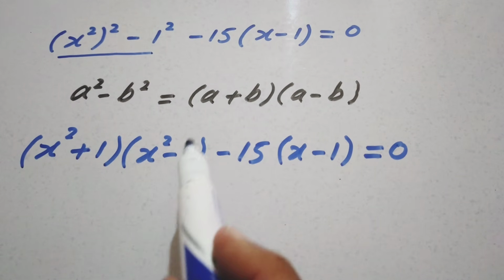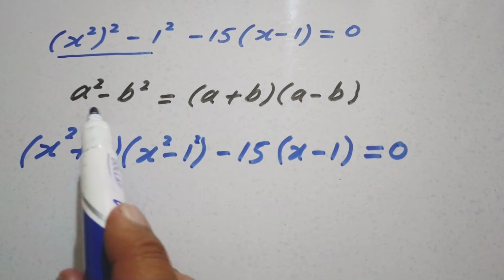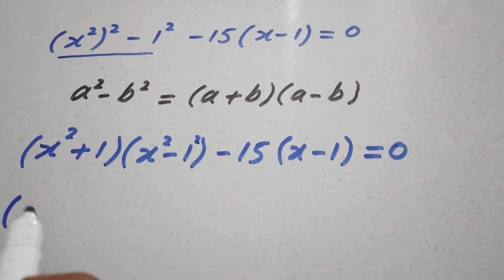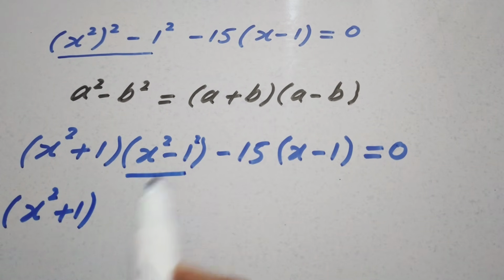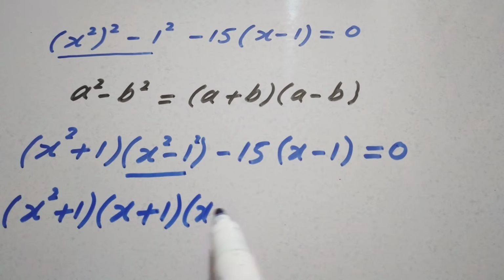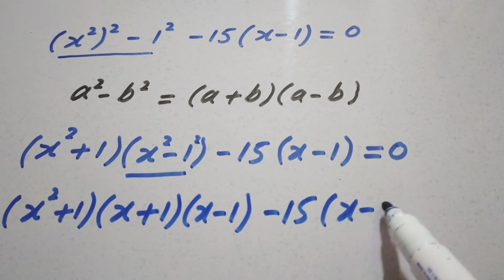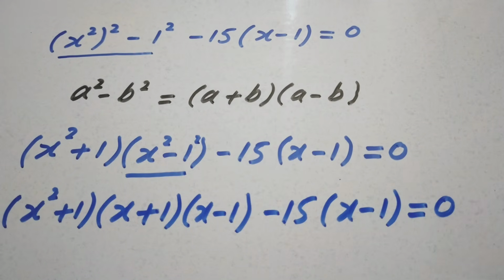Further, we can write this as 1 squared, and by using this algebraic identity again, a squared minus b squared, here x squared plus 1, and in place of this we can write x plus 1 into x minus 1, minus 15 into x minus 1, is equal to 0.